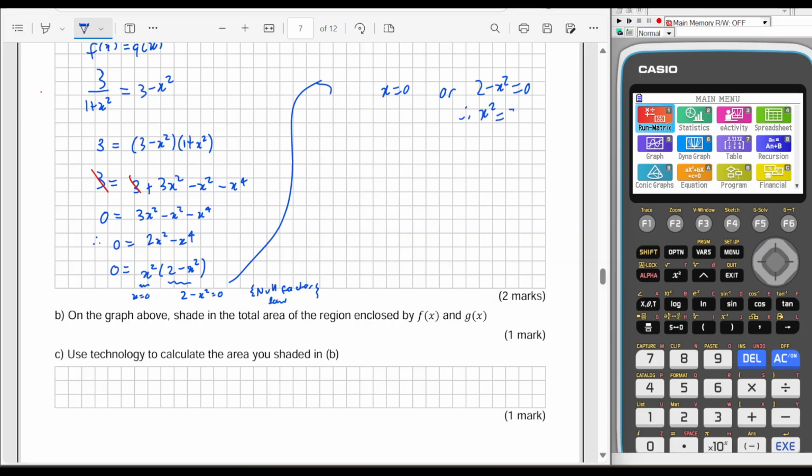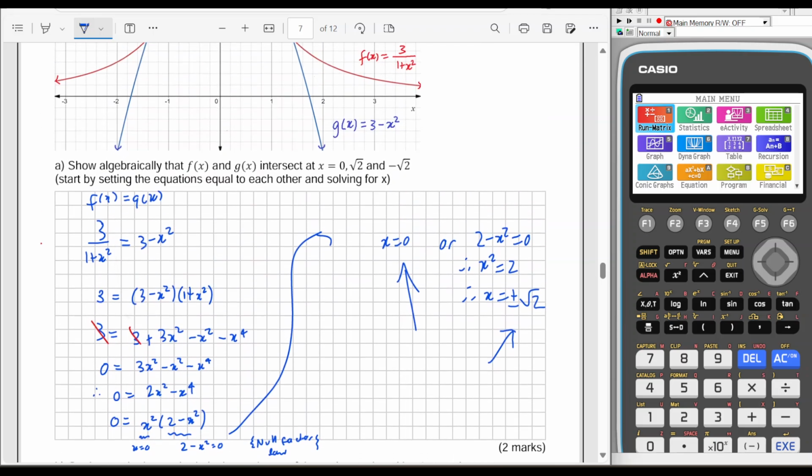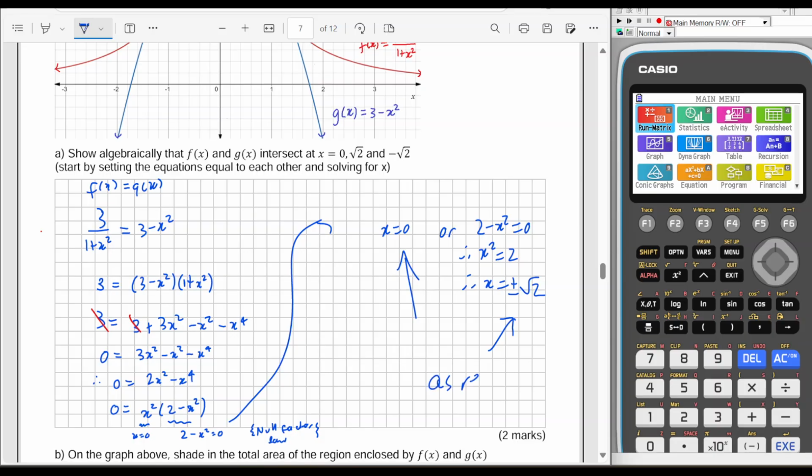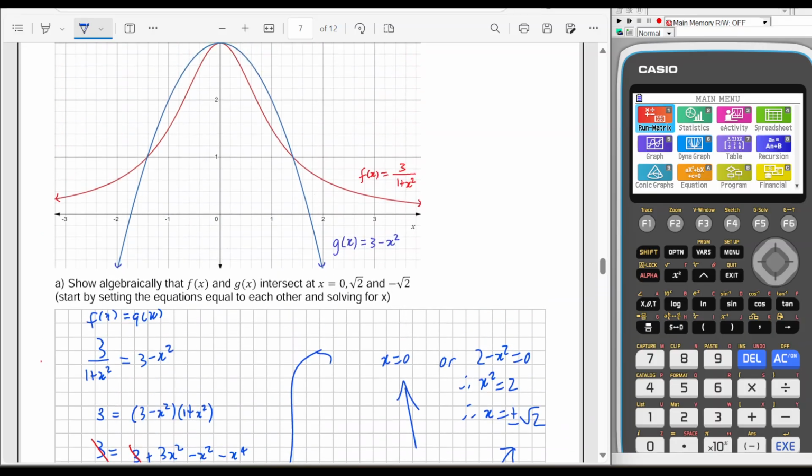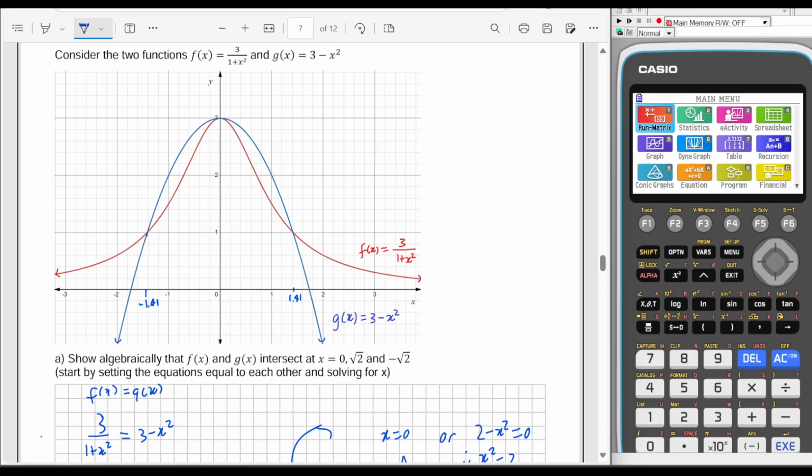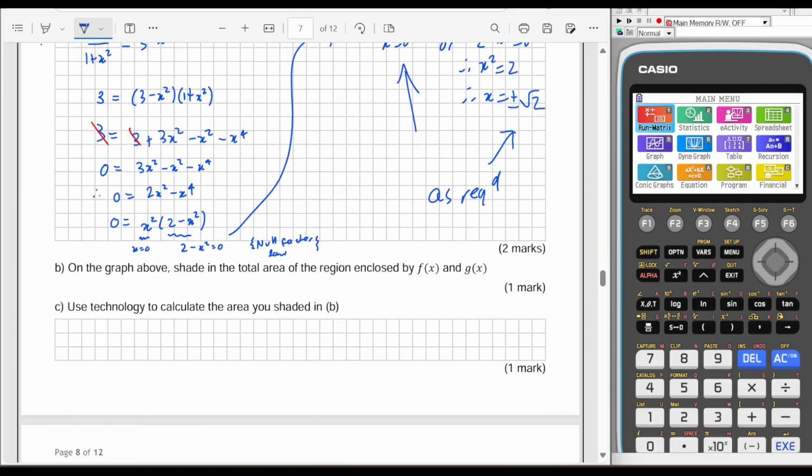Therefore, x squared is 2. Therefore, x is plus or minus root 2. So those are the 3 intersection points as required. And you can sort of see on there. So this is about 1.41, which is root 2. This is minus 1.41, which is root 2. And then this one is just 0. So that's the 3 spots that the functions are intersecting.